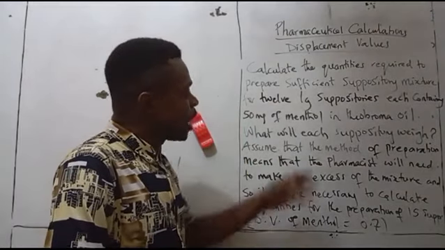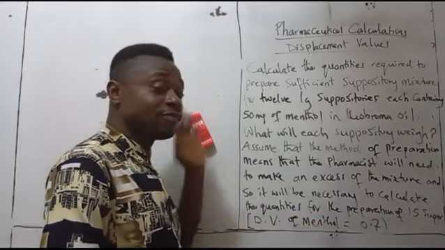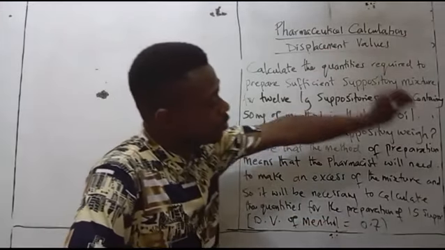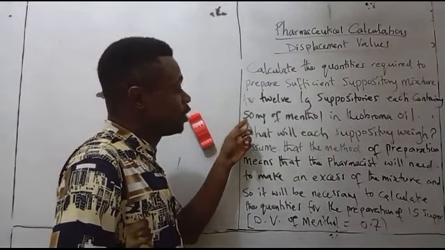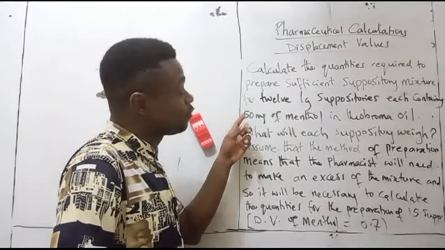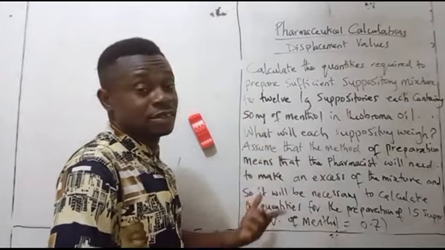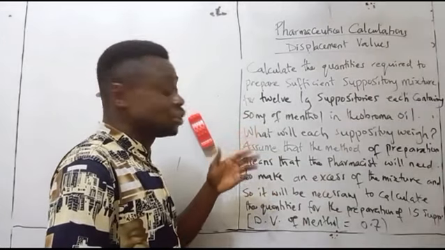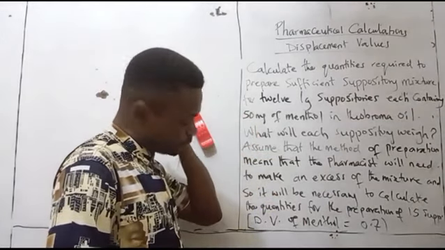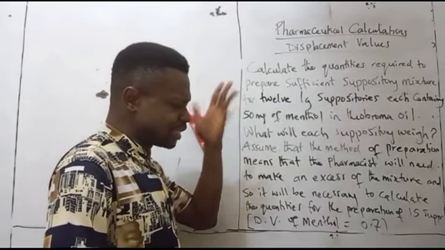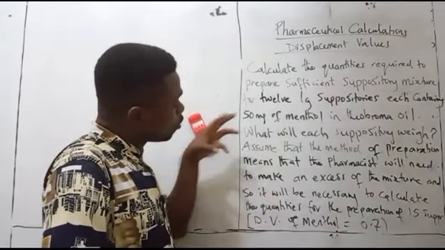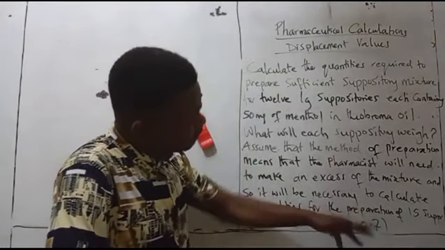Having gotten that, we now write the formula. The amount of menthol, which is 0.05 gram times 15, should give us around 0.75 gram.